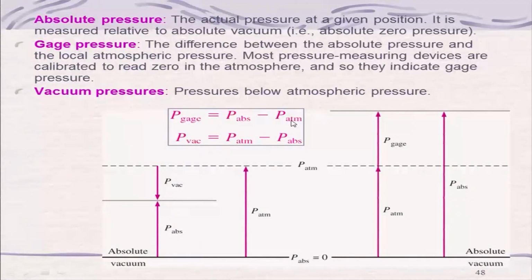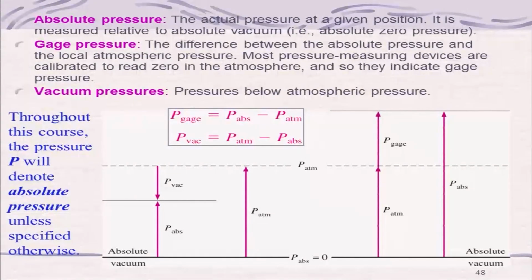Whereas the vacuum pressure will be the atmospheric pressure minus the absolute pressure, right. In this course we will be using the absolute pressure, although most of the time we will be measuring the gauge pressure.